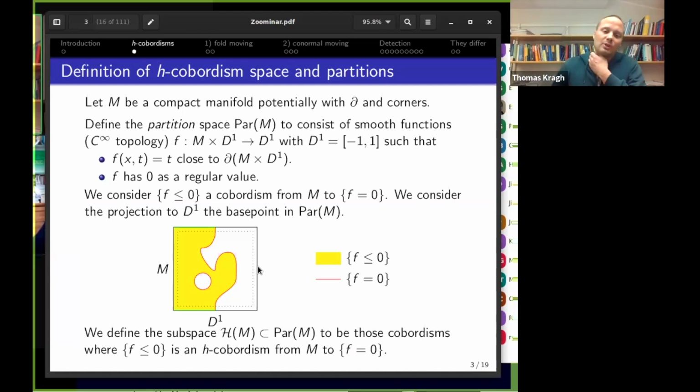And so the h-cobordism space is a subspace of partitions of M, and it's just those partitions where the sublevel set of 0 is an h-cobordism. So this picture here is not an example of an element in the h-cobordism space, but if this hole here wasn't there, it would be an h-cobordism.